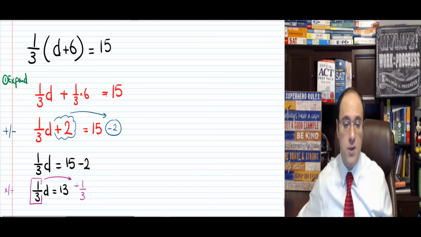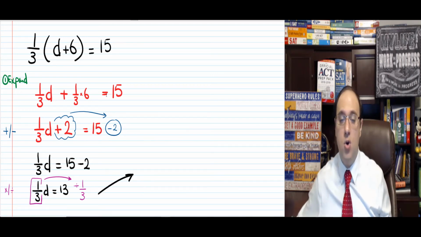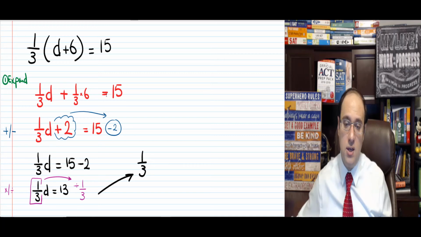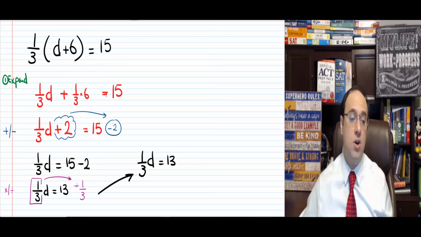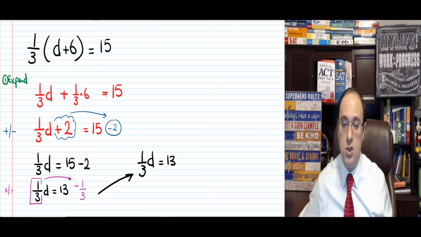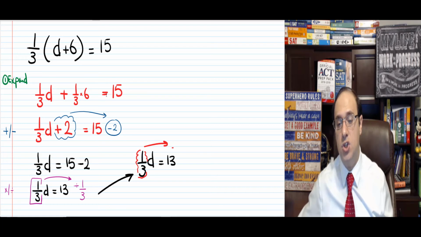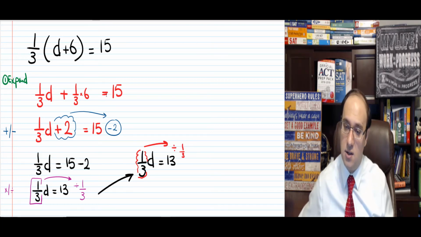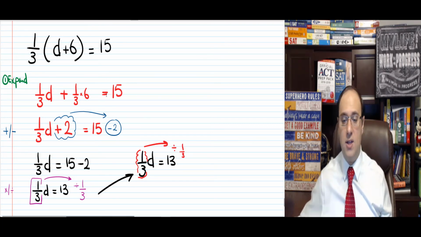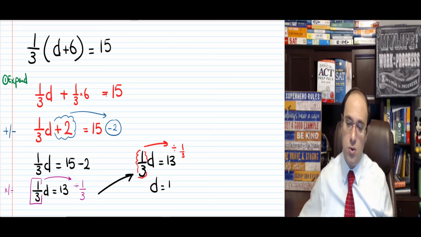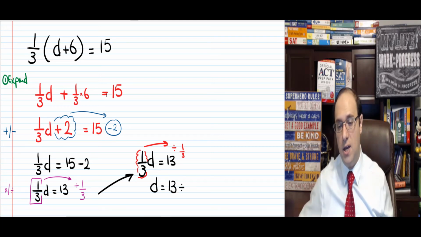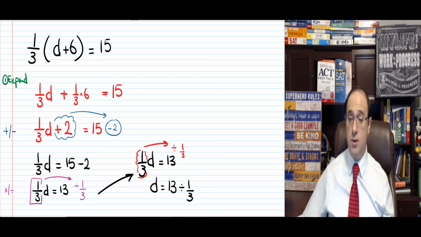Now you can rewrite this. We have 1/3 d equals 13. We said we're going to move the 1/3 to the other side. It was multiplied on the left, so it goes here as division. So my answer is d equals 13 divided by 1/3.